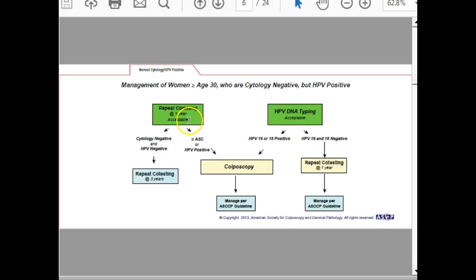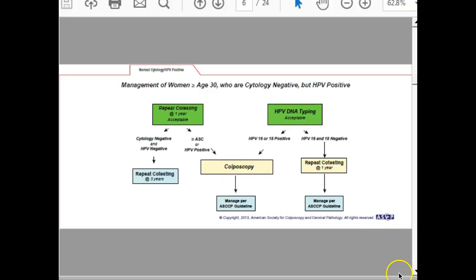So in this case, if we've tested again in a year, and the cytology is negative, HPV negative, repeat co-testing in 3 years. And then if that's fine, then you can go back to the every 5 years. Whereas here, if we're ASCUS or HPV positive, or anything worse than either of those things, then we'll just go straight to colposcopy.